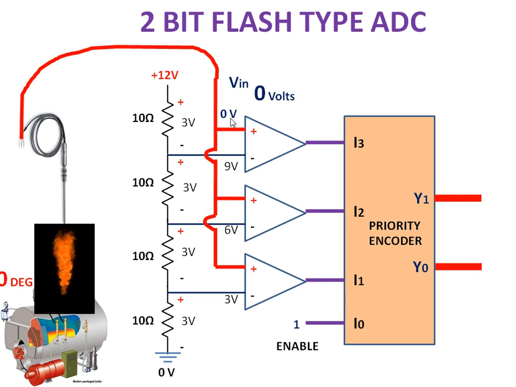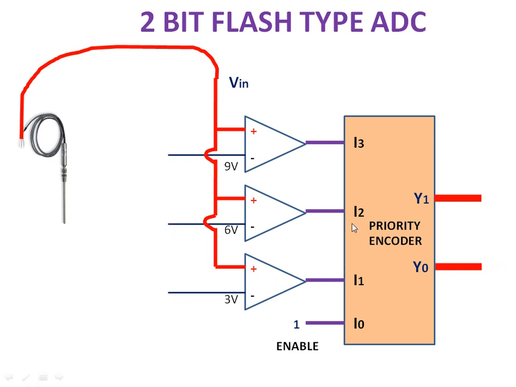Your positive terminal voltage is 0 volt, negative terminal voltage is 9 volt. So 0 less than 9, the output will be 0 because the positive terminal voltage is lesser than the negative terminal voltage. And here it is 0 volt, so 0 less than 6, so it will become 0. And here 0 less than 3, so it will produce 0. So 0 0 0 means the output will be 0 0.